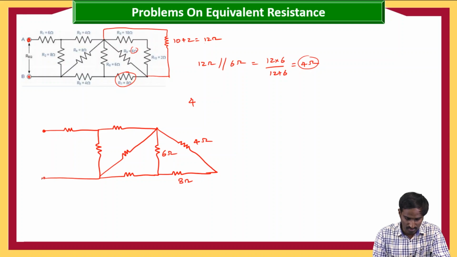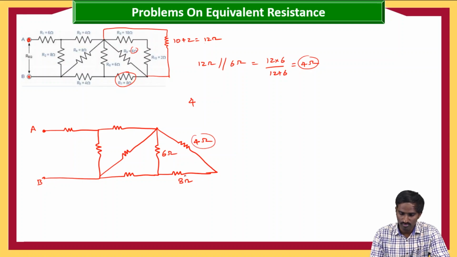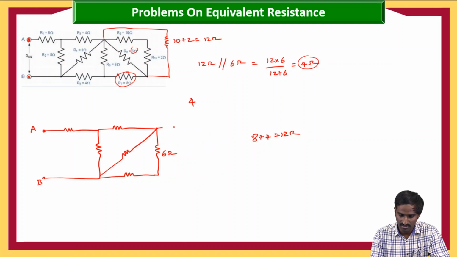I'm not writing all these resistors because they are the same. So now as you can see, here these 4 ohms and 8 ohms are in series. Then this can be replaced with 8 plus 4, which is again 12 ohms. Then I'm just replacing this circuit with the equivalent resistance, 12 ohms.